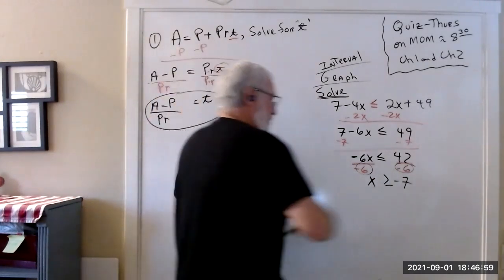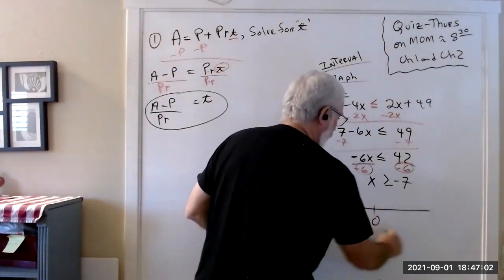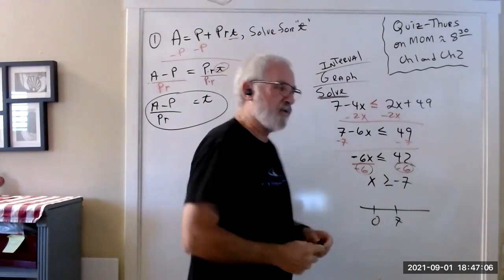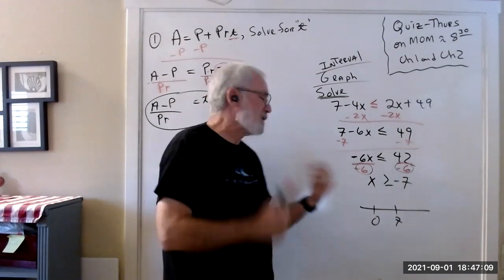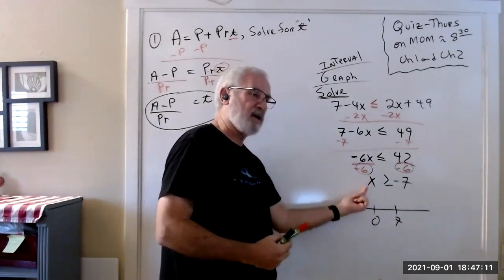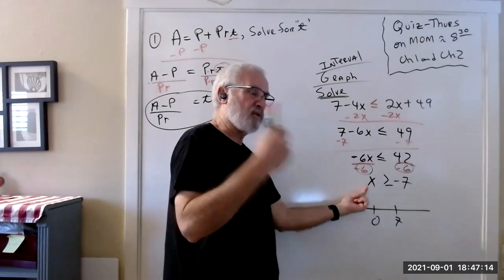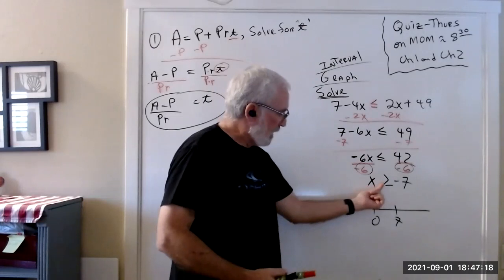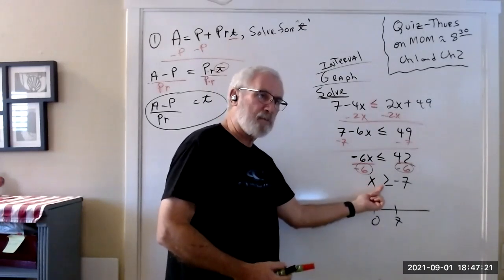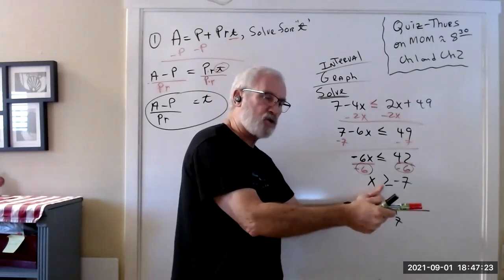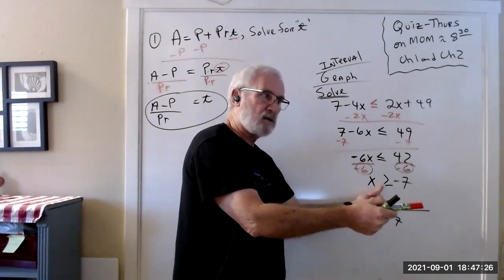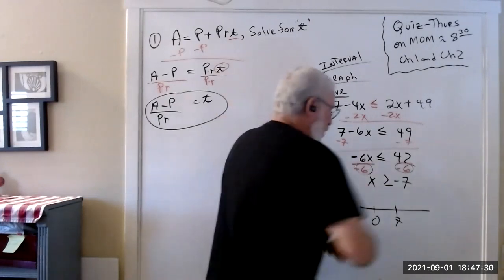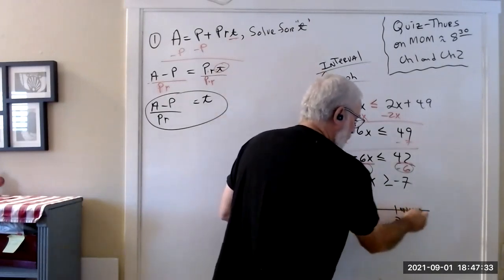So to graph this, here's 0, here's 7. One of the advantages of always having X on the left-hand side: if you train yourself to do that for an inequality, the symbol here points in the direction you're going to shade. The greater than symbol is pointing in the direction, so we're going to shade this way.